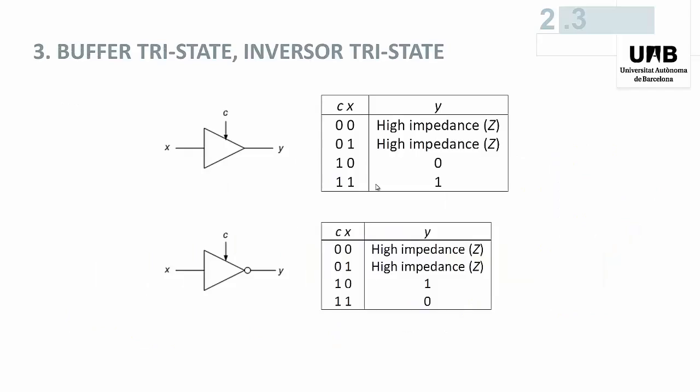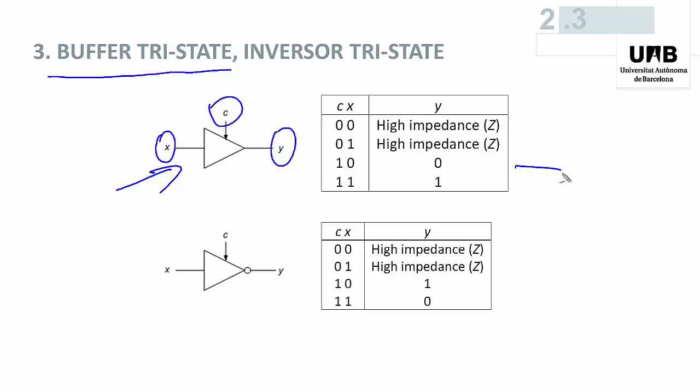In this last section of the two-day lesson, we will see the main application of three-state buffer. First, remember what a three-state buffer is. It's a circuit with one data input x, one data output y, and one control input c. And its working is defined by this table.